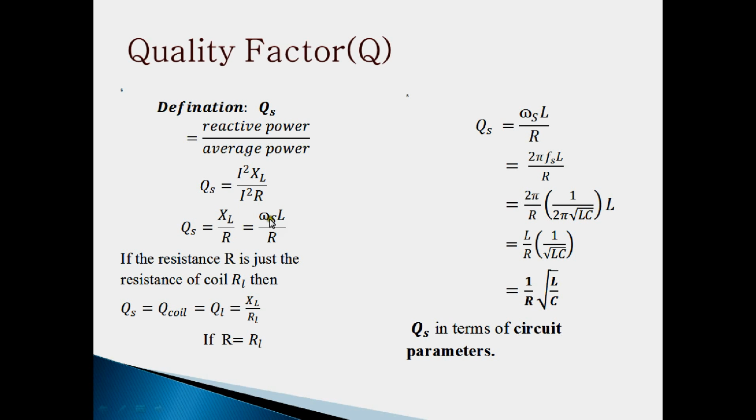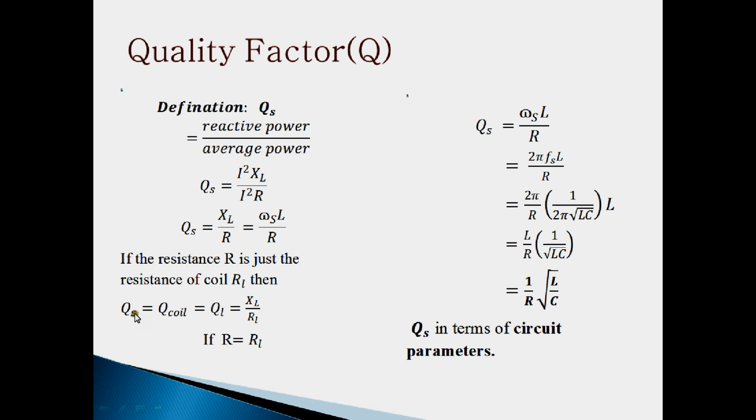XL is nothing but frequency in radians, omega s, into value of inductor L, divided by R. If this R resistance is just the resistance of the coil, that means the voltage source we are using for the series RLC circuit is ideal. The ideal voltage source internal resistance is 0.